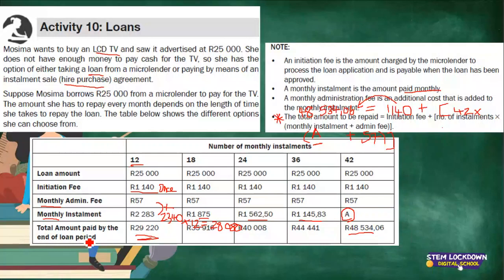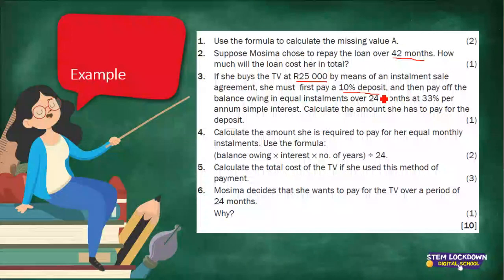Here is number 3. We said 25,000, multiply it by 10%. Okay, 10% is 10 written as a fraction divided by 100, right?